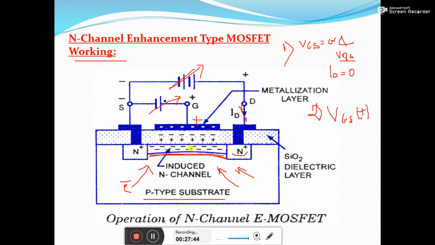We can summarize as: for the positive gate to source voltage, the channel conductivity is enhanced, so the enhancement type of MOSFET operates in the enhancement mode, and there is no depletion mode here.